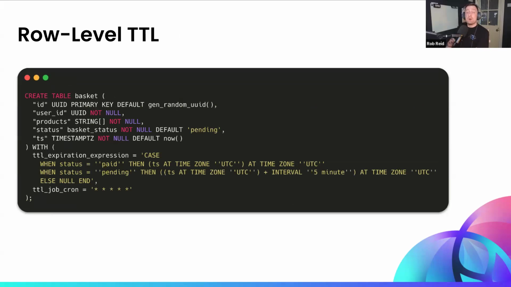Next, we have row level TTL. And what we're looking at here is a table that every minute, and that's defined by this cron syntax, auto expires anything that's checked out or paid from a user's shopping basket, or anything that is pending or perhaps abandoned after a period of 5 minutes.